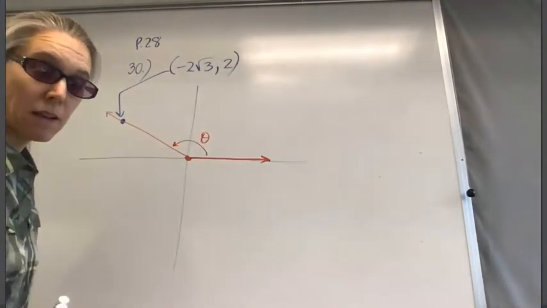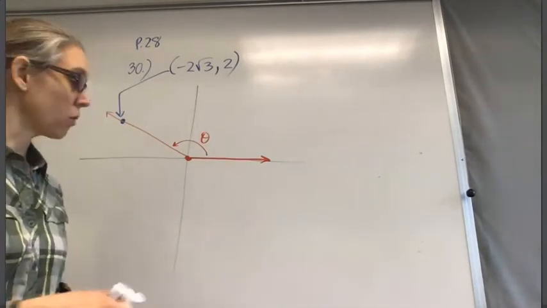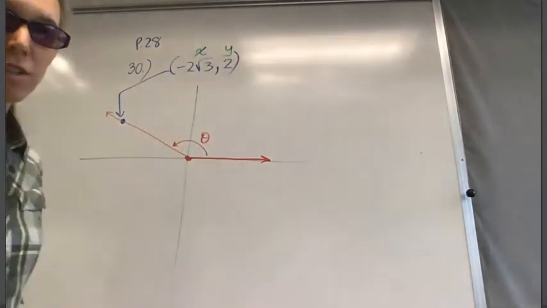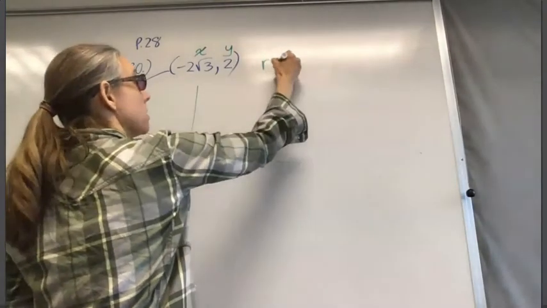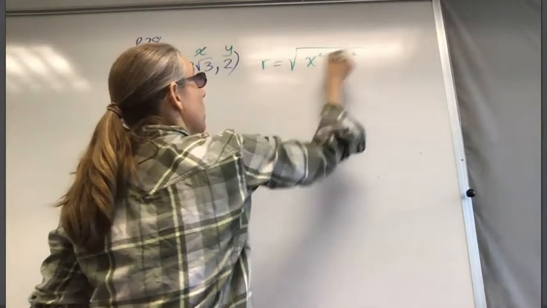Now we need to find the value of the 6 trig functions. We have x, we have y, we just need r. Remember the formula for r. R is equal to the square root of x squared plus y squared.